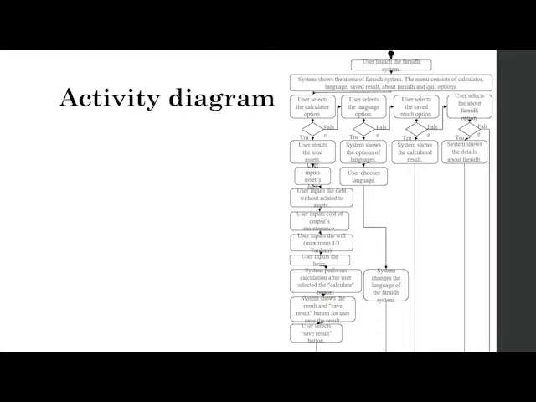If user selects the Save Result option in the menu, then the system will show the calculated result. If user wants to know something about FARAID, he or she can select the About FARAID option in the menu. After selected this option, the system will show the details and information about FARAID to the user.